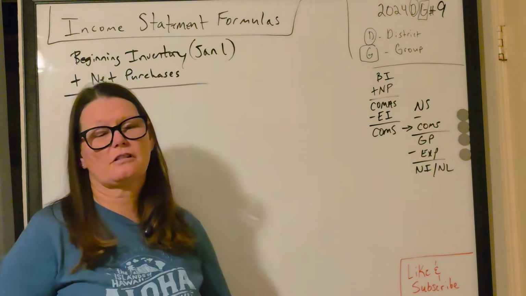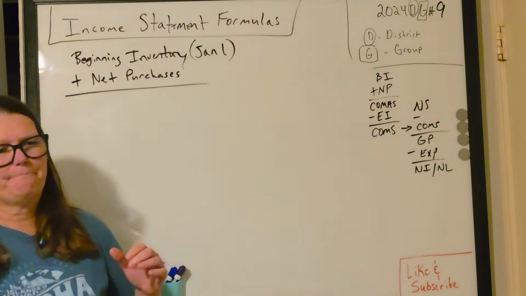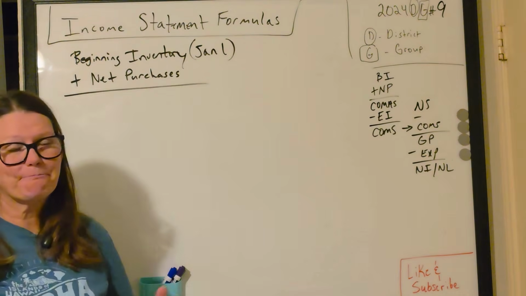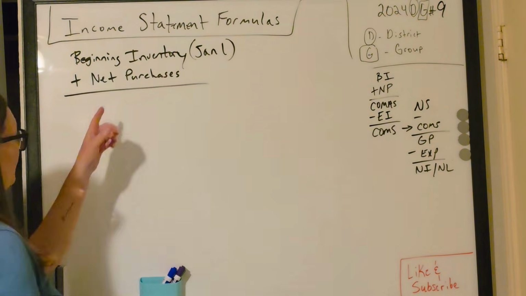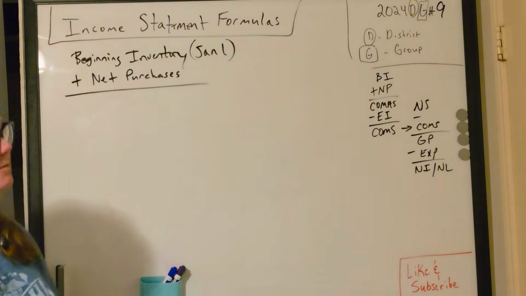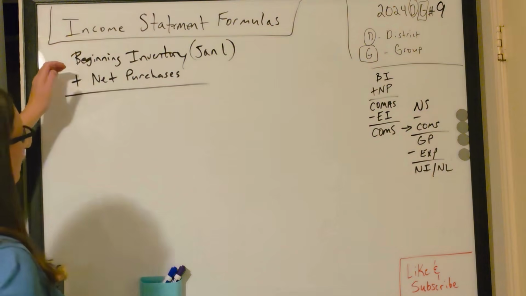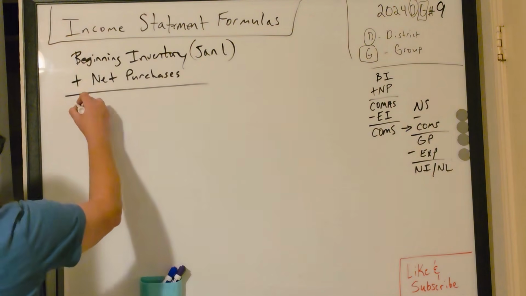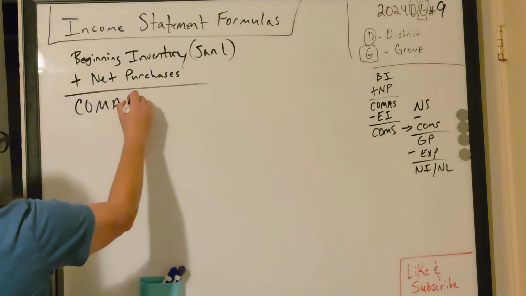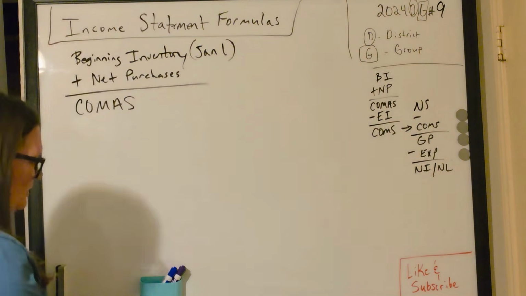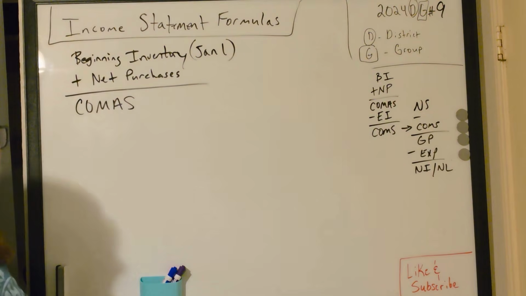Net purchases are all the inventory that we buy throughout the year. I'll go over net purchases in a minute specifically, but I'm just going to give you the base of the formula. So beginning inventory plus net purchases gives you cost of merchandise available for sale. So this is the inventory that we are now ready to sell to our customers.